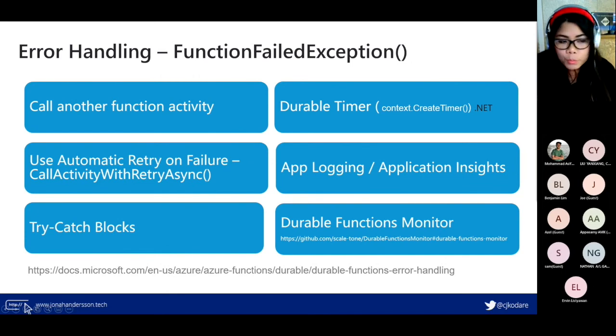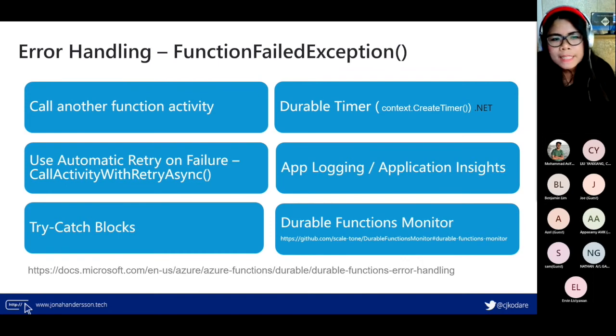And when it comes to error handling, what you can do is try to call another function activity. And sometimes, when you have a long-running workflow, you might want to abandon a function call that's taking too long. So you as a developer can control it by setting up a durable timer.